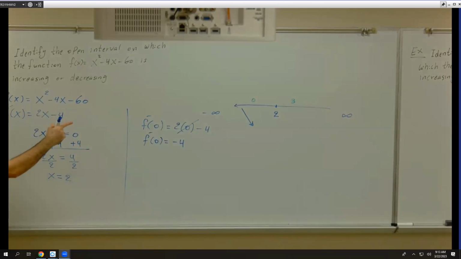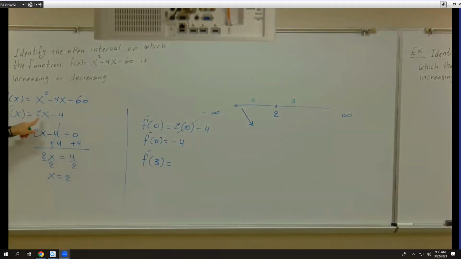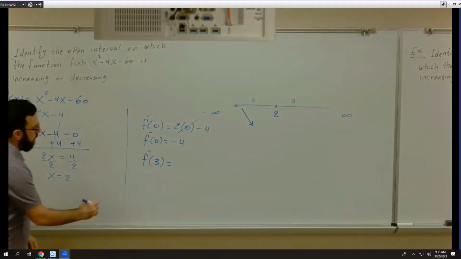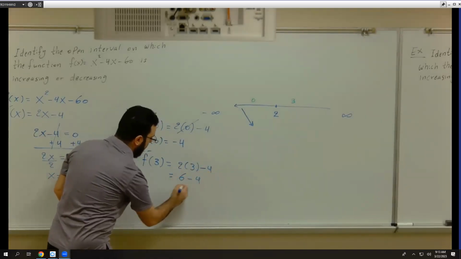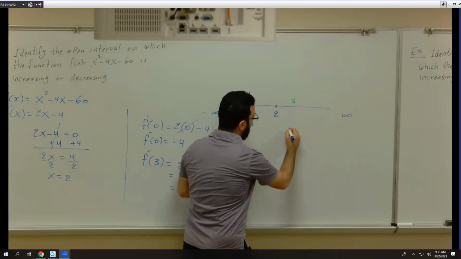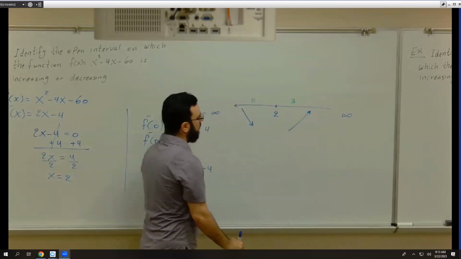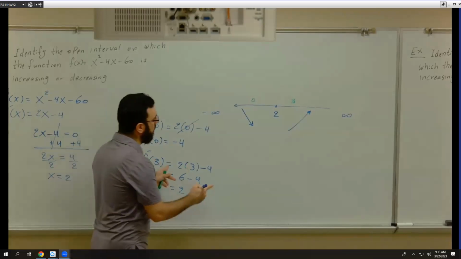Let's check the other one, which is 3. That means f prime of 3 is going to be 2 times 3 minus 4. It's going to be 6 minus 4, and the result is going to be 2. That means from 2 to infinity, the function is increasing. So that's our goal, to find the interval.